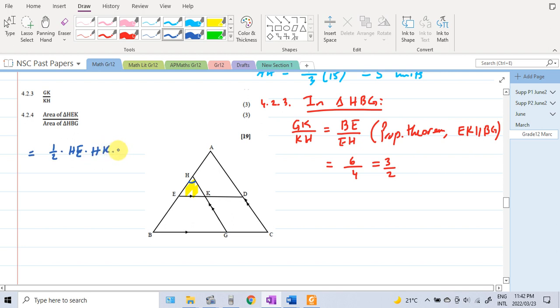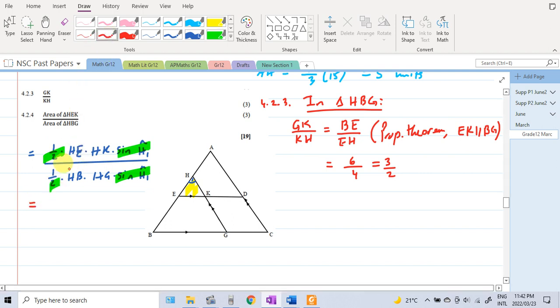When we have a common angle, we use the sine rule, half AB sine C, so sine of angle H. And the next one is half HB times HG, sine of angle H. You can call it angle H1 because there are two angles H here. What we can clearly see is that sine H and sine H cancel out, the halves cancel out. All we are left with is HE.